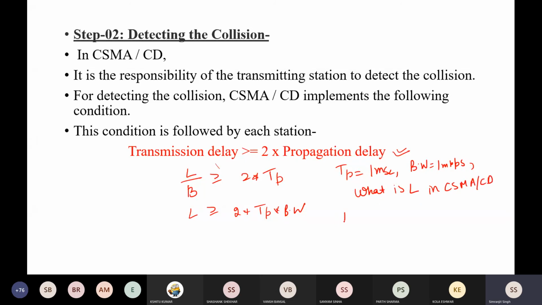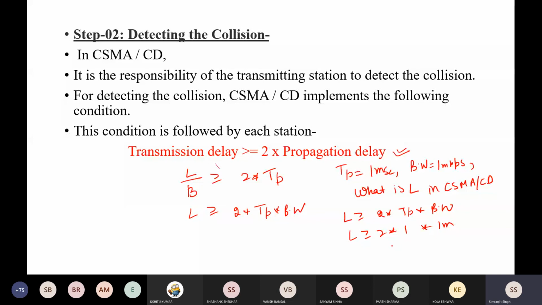I already know the length of the packet should be greater than or equal to 2 into TP into bandwidth. So I can ask you this question: what should be the length of the packet in CSMA/CD? TP is given, so the length of the packet should be 2 into TP into bandwidth.